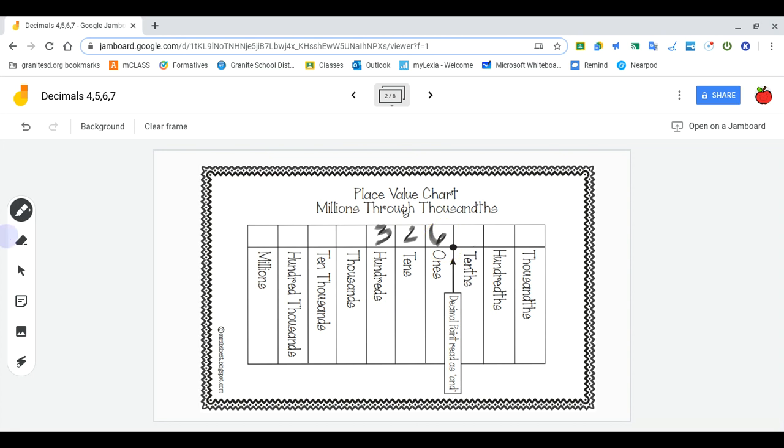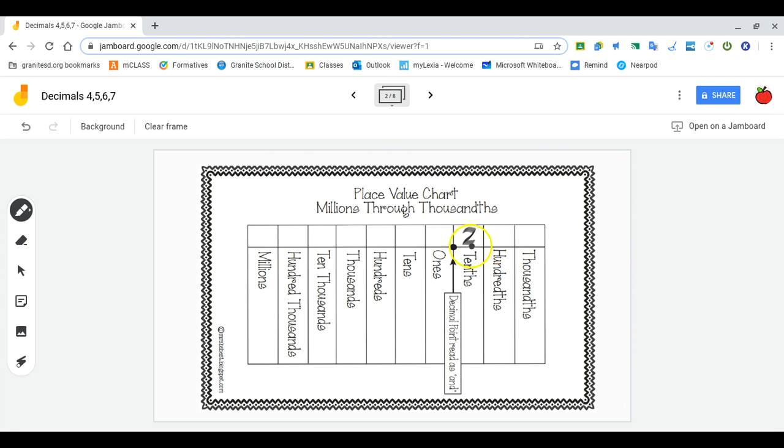Decimals have place values as well. So for instance, if I had a 2 on the right side, this decimal is kind of like a barrier. On the left side of the decimal are where whole numbers belong. Here's the decimal point. And on the right side of the decimal are where fraction pieces or decimals belong.